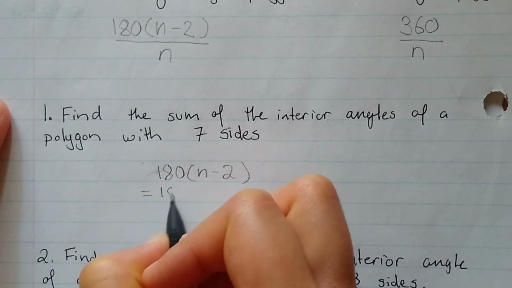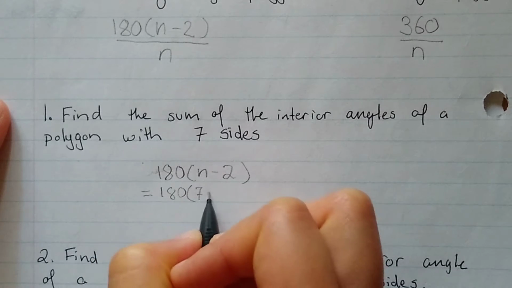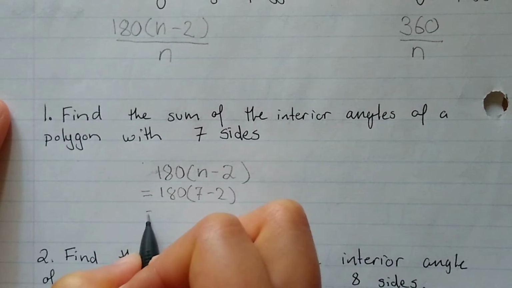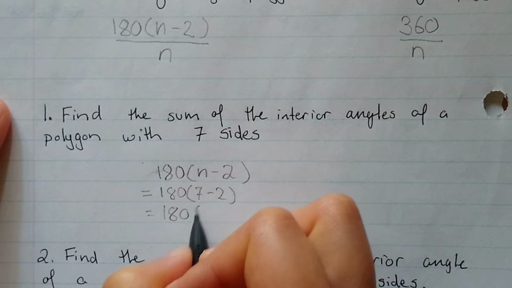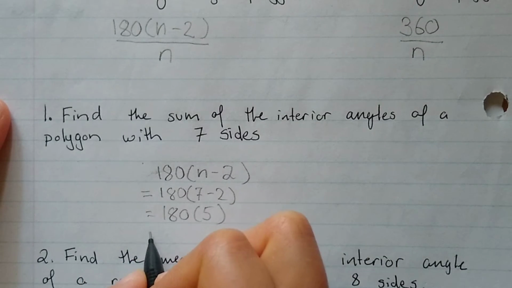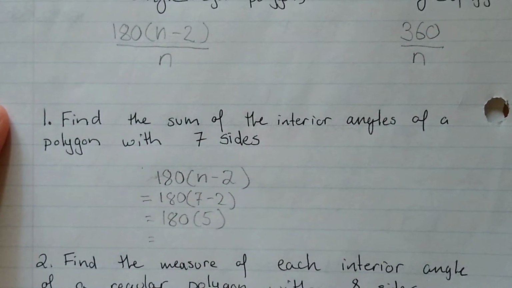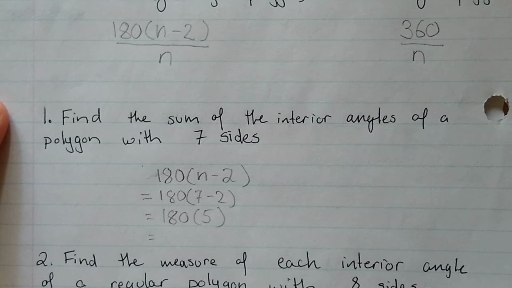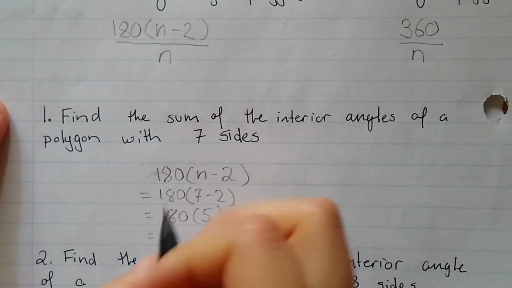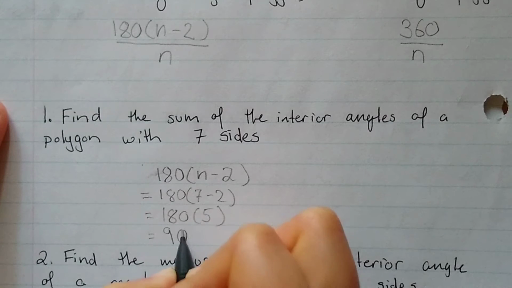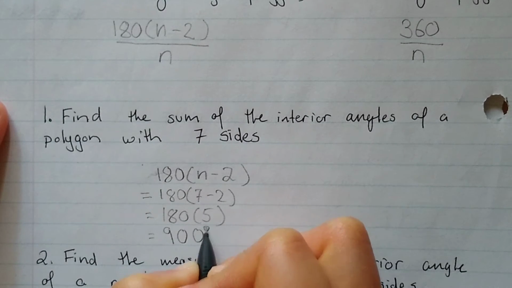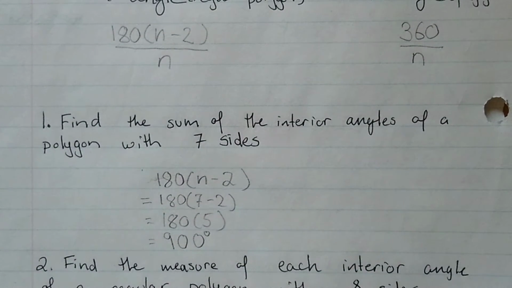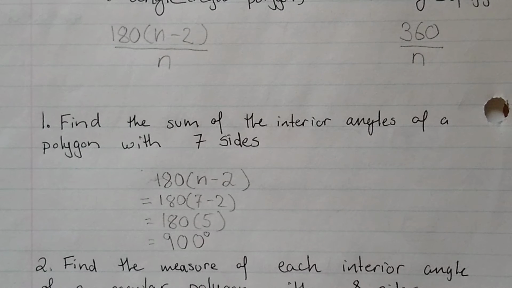So we're doing 180 times 7 minus 2, which is 180 times 5. And 180 times 5 is 900 degrees. So all of the interior angles added together would add up to 900 degrees.